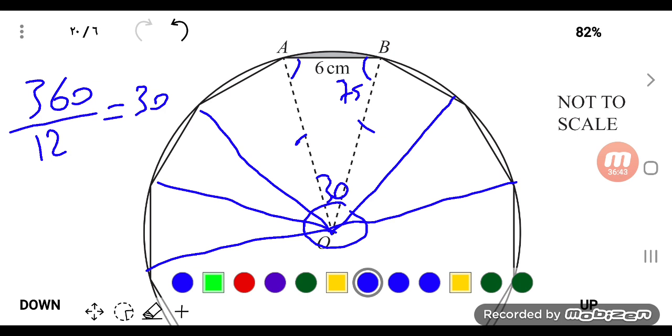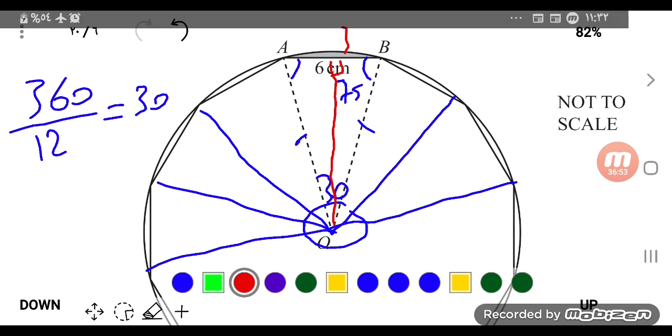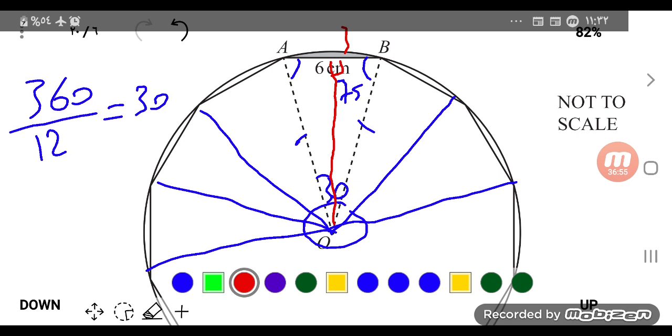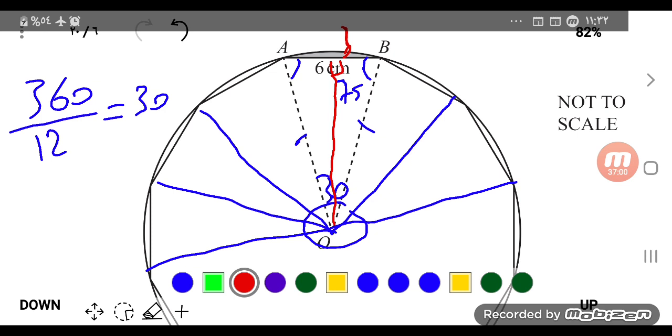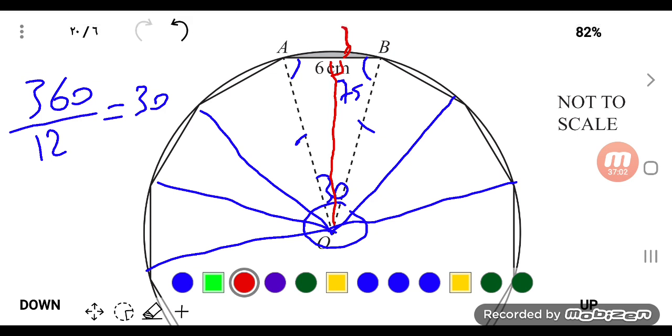Now, in order to continue finding the radius OB, for example, I'll draw this length here at right angle. In this case, I will have here 3, and I need to find the radius OB. So I can do SOH CAH TOA in the triangle OB.